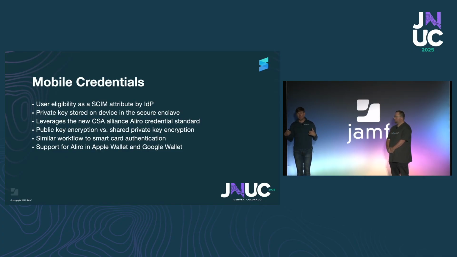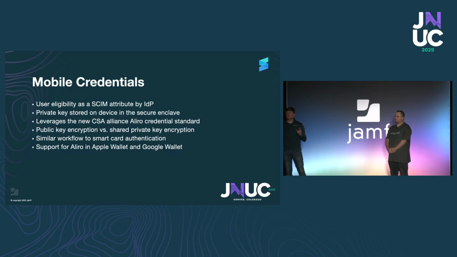In the new workflow with Tap to Login, Apple has actually pushed forward a new technology called Aliro, which you can visit if you go to csa-iot.org, or you just search for Aliro on Google. You will be able to read about the Aliro credential standard. And what's different is that it is asymmetric encryption. So your device actually holds the private key. The secure enclave on your device derives that encryption, creates the credential, and then when you present that credential to a reader, it doesn't have to decrypt the payload.